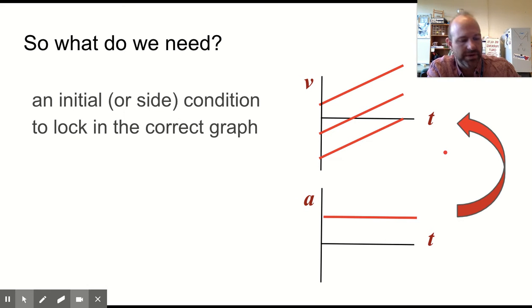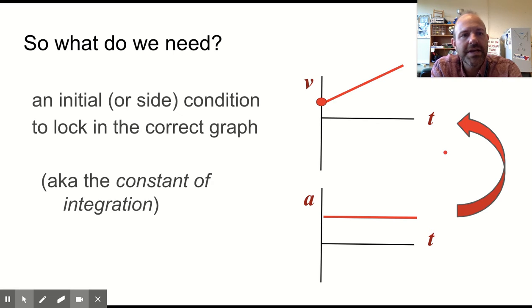The easiest thing to know would be our initial velocity. If I tell you we had a positive initial velocity, that top line has to be correct, and we can eliminate the rest. This comes from doing the area under the curve, or integration, which we'll get to eventually. The constant of integration is the piece we're dealing with here, that initial condition.